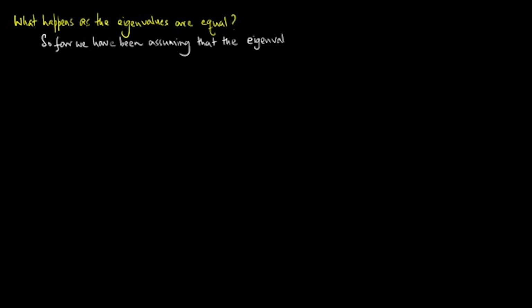Now what happens if the eigenvalues are equal? So far we have been assuming that the eigenvalues are distinct. So let's assume that lambda 1 is equal to lambda 2 is equal to lambda, and consider two cases.